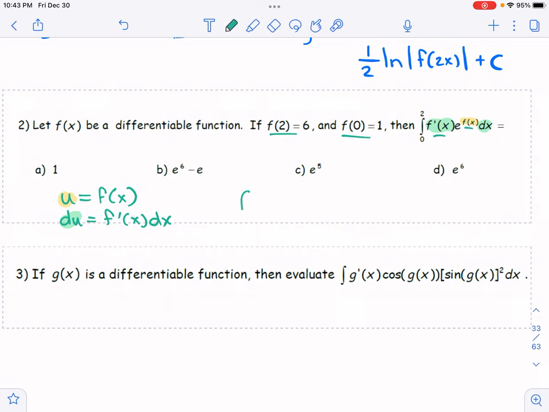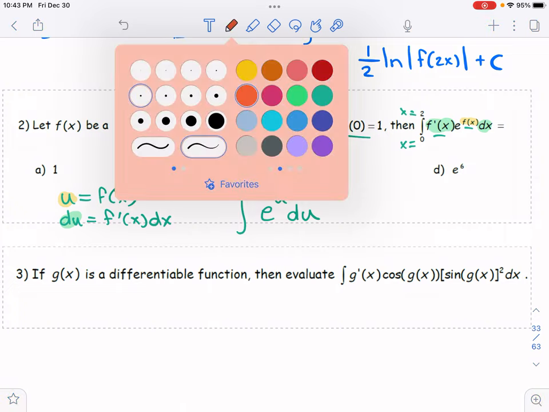So my definite integral will become e to the u, and then f prime of x dx just gets replaced with a du. Now let's update the limits of integration. Remember, this initial problem is in terms of x, as x goes from 0 to x equals 2.